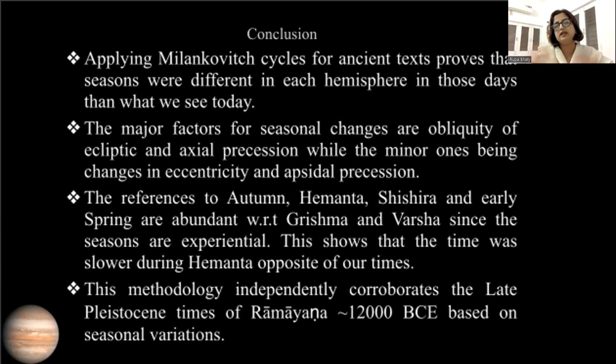There are many other factors to corroborate the Ramayana time, but with the help of the experientiality of the seasons, we concluded here that due to the obliquity it was harsh, and again due to the apsidal precession, the quickness and slowness of the seasons were experienced, and that is very beautifully explained in Ramayana by Valmiki ji.